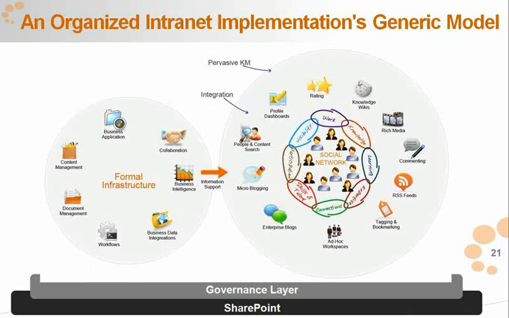At the end, you can see a common layer of SharePoint. On top of it, the governance layer sits, and on top of that, the formal and informal sit together, both integrated. Business applications, collaboration, business data, and workflows, each element of the formal infrastructure, populate an environment that gels well with the informal infrastructure as well.